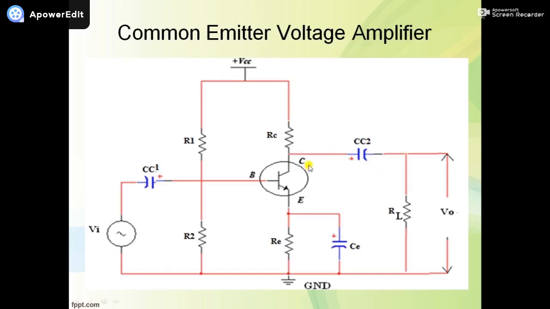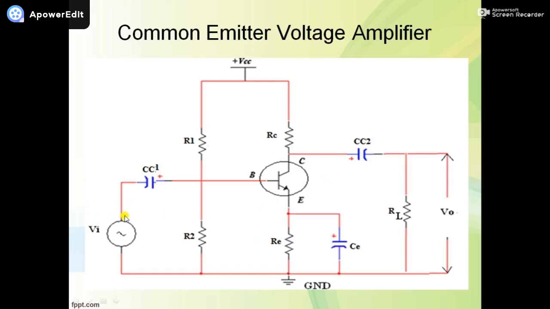According to the output equation, VCC minus VCE minus IC RC is equal to 0. Then separate VCE: VCE is equal to VCC minus IC RC.